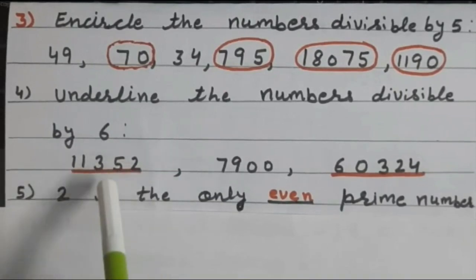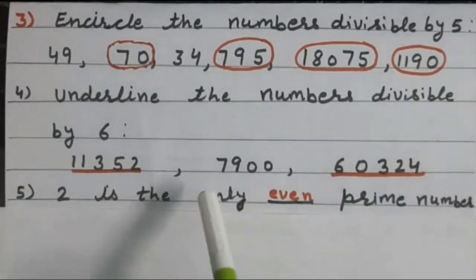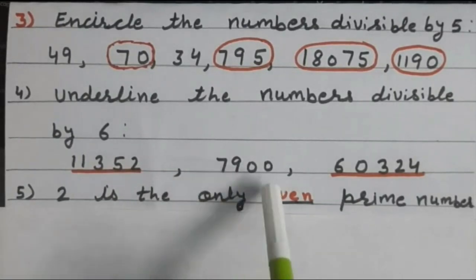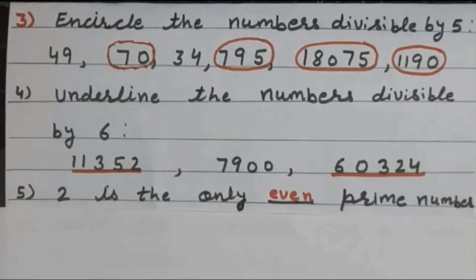Yes, underline. If it says underline, then you will underline only, not circle. Then 7,900. Yes, it is divisible by 2. And check for 3. 7 plus 9, 16. 16 is not divisible by 3. So this number is not divisible by 6 also.